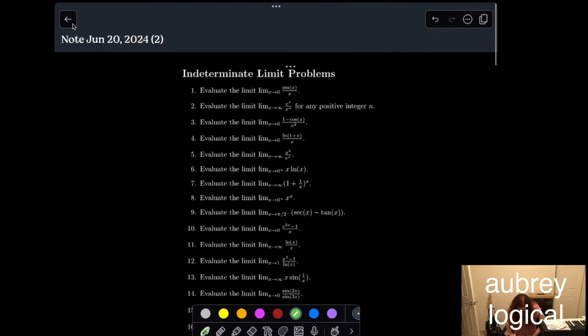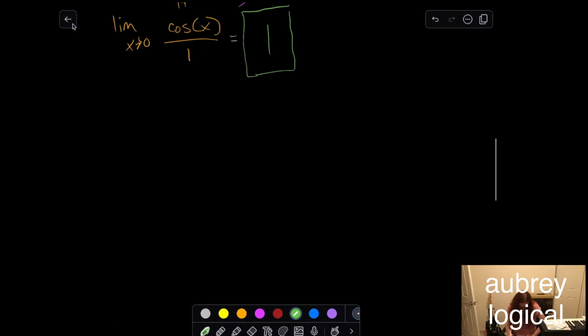I think I'm just going to write it. So it's infinity, e to the x over x to the n. Okay, and this problem wants to find the limit when n is greater than 0.